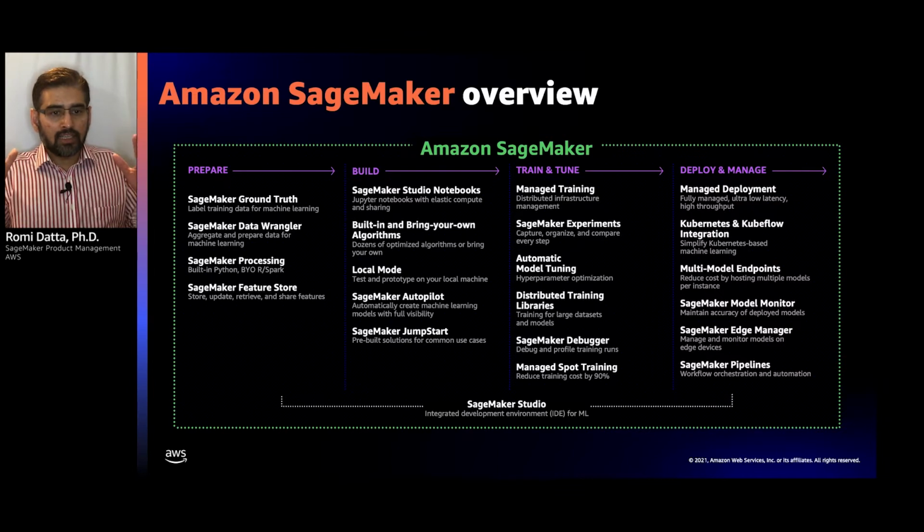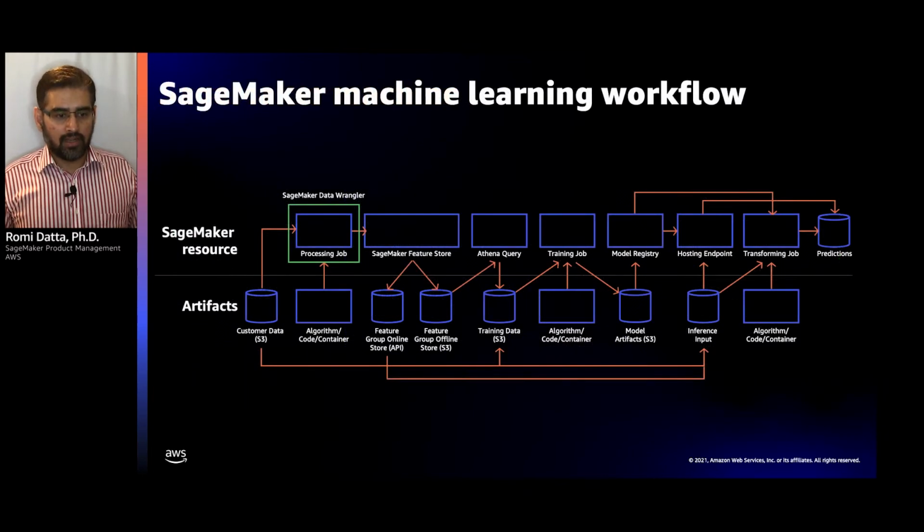This is how the SageMaker machine learning workflow looks. You would pull in data from, let's say, S3 using a processing job, or using SageMaker Data Wrangler, which has SageMaker processing jobs firing underneath it. You would do some basic transformations, you might do some feature engineering, and store it into SageMaker Feature Store.